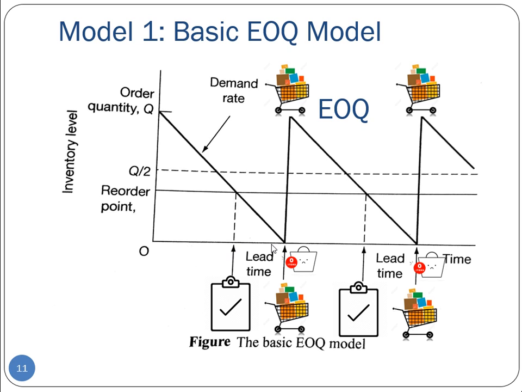When he places the order, he gets the order delivered within 2 days. Suppose after 2 days the order reaches him, and after 2 days his inventory also gets to zero inventory. That means on the same day when the inventory is zero, he gets the inventory over there. The only thing is the order and delivery point. He knows exactly when the thing is to be delivered and at what point the inventory is going to be zero. And in this case the important point is the reorder point.